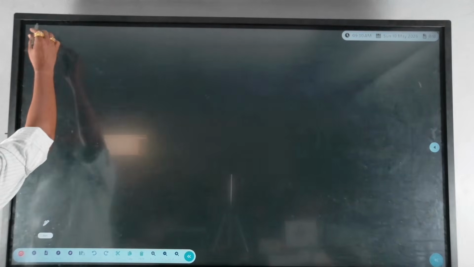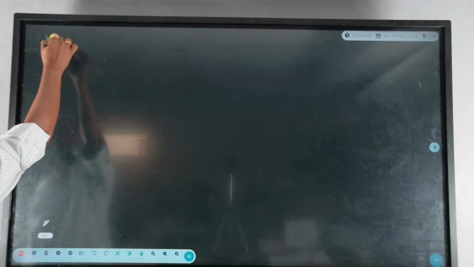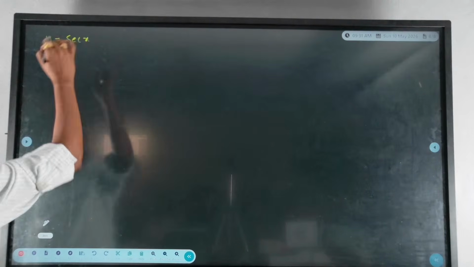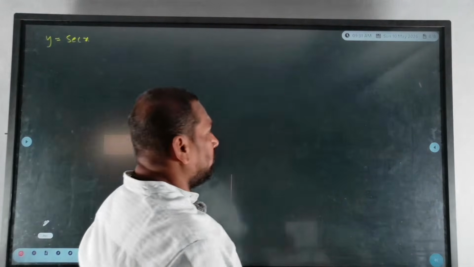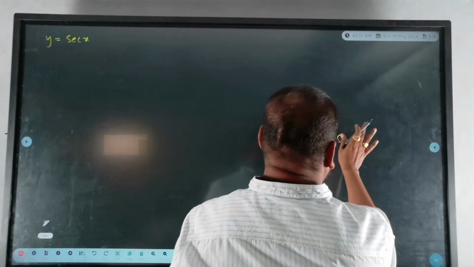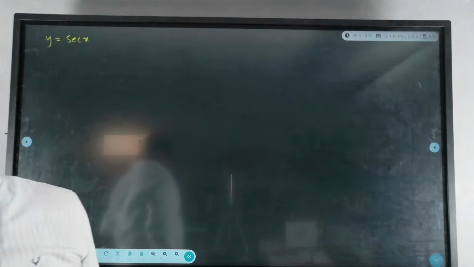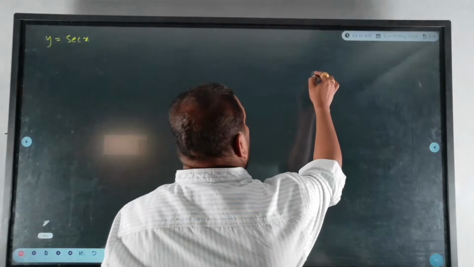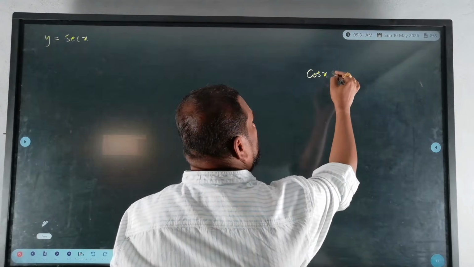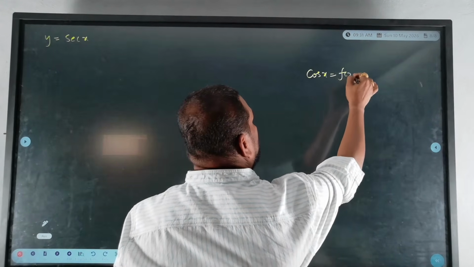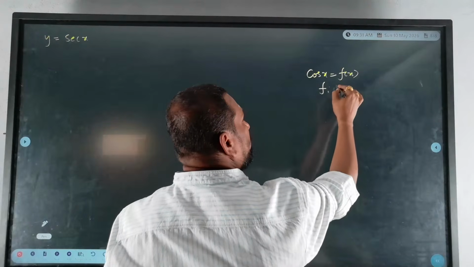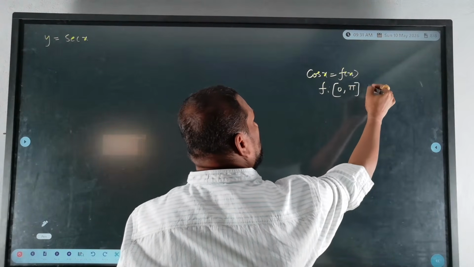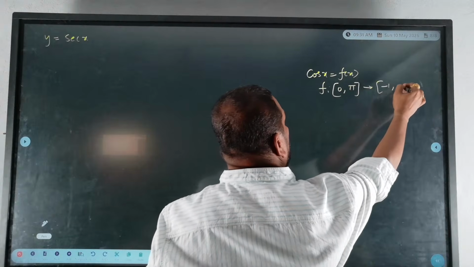Next, y is equal to secant x. Okay, so you know cos x is equal to f(x), f maps from closed 0 to pi to minus 1 to 1.